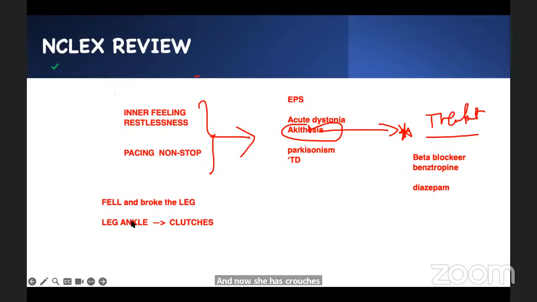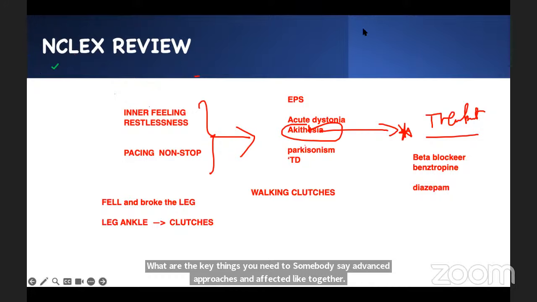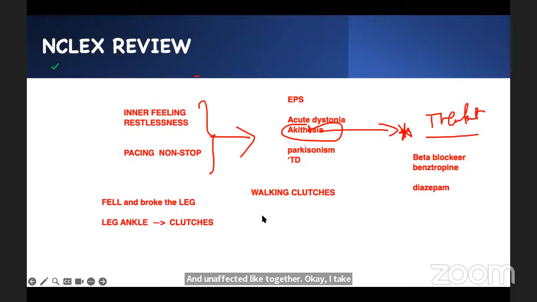I have crutches, I broke my left leg. Teach her how to walk. Somebody said advance the crutches and the affected leg together, and then the unaffected leg. Okay, I'll take that. That's your contribution from the class. So affected leg with the crutches.